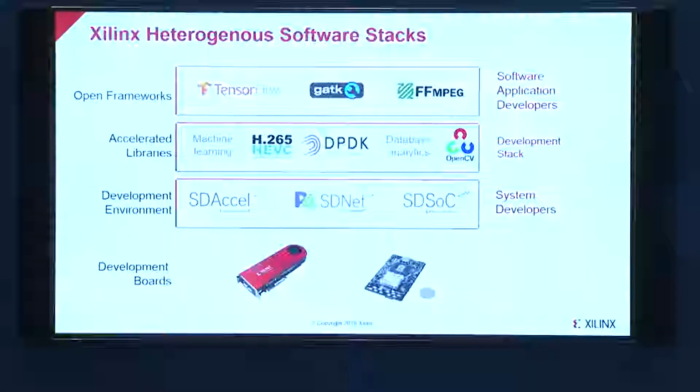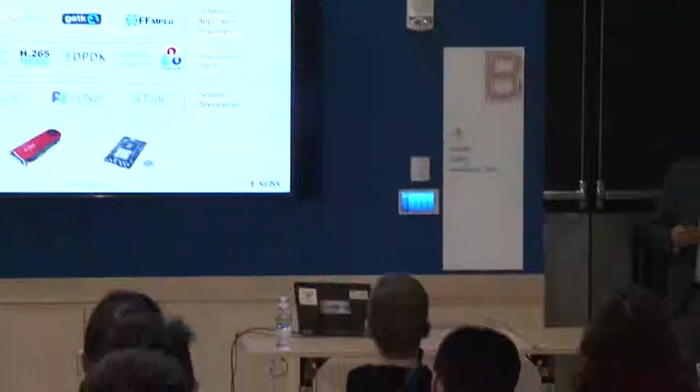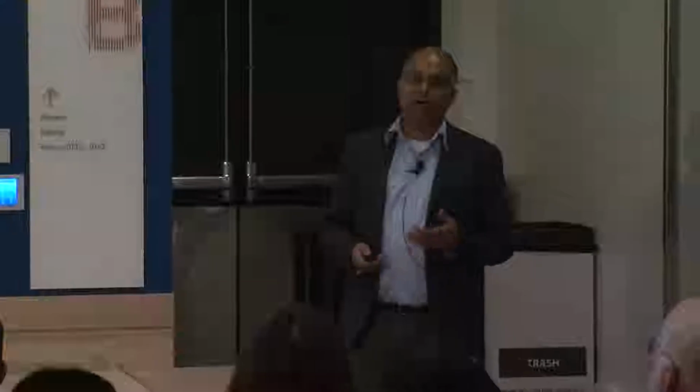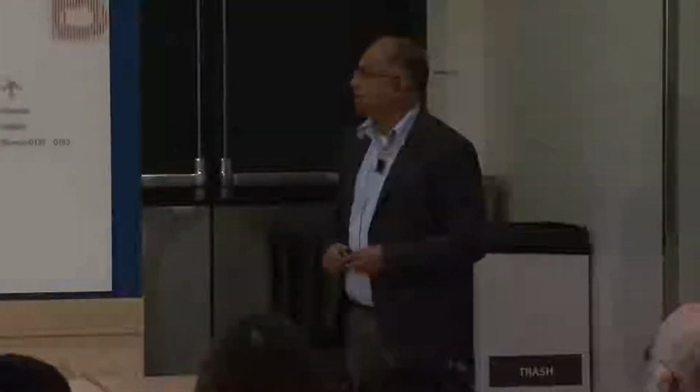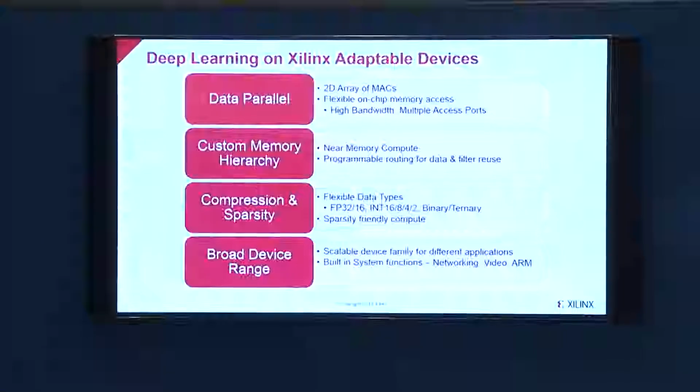So overall, this is just something I wanted to share: a lot of the work we are doing is not just enabling deep learning, but enabling deep learning in a more pervasive way, which is beyond PCI-attached acceleration. So why is deep learning a good fit for Xilinx devices?